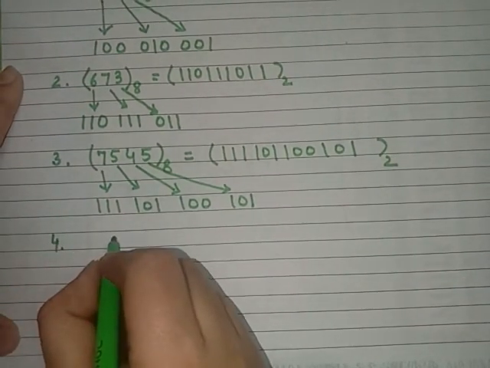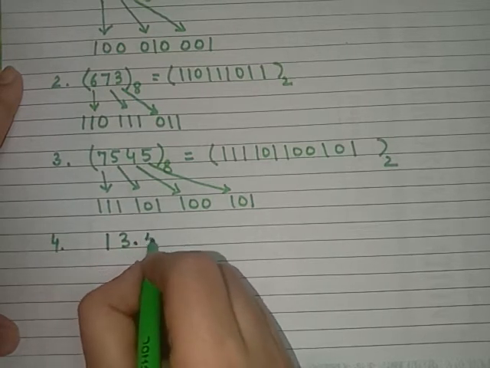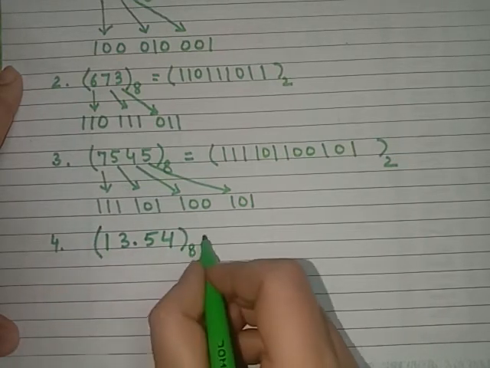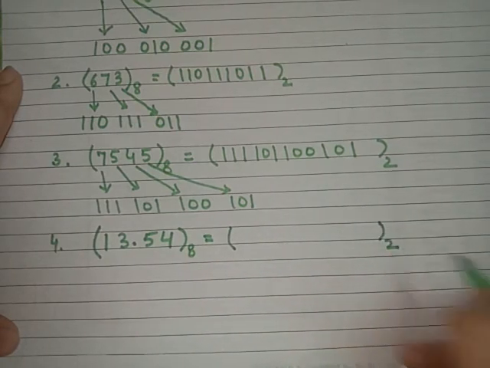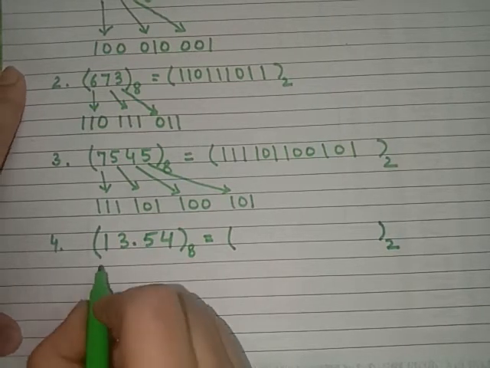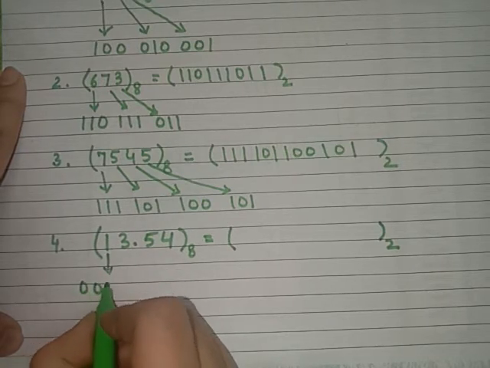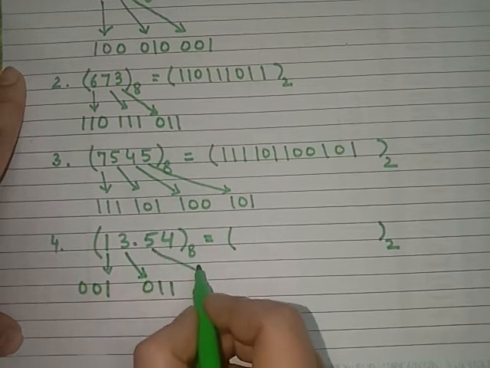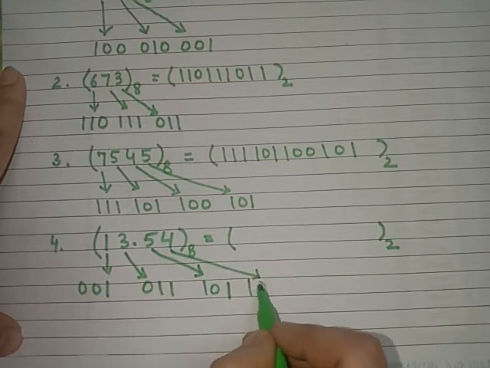One more example I am going to solve. This time I am going to have a decimal number. Suppose I have 13.54, and this is an octal number, and we have to convert it into the binary number system. Again, using the same method with the reference of the table, the code for the 1 is 001, the code for the 3 is 011, the code for the 5 is 101, and the code for the 4 is 100.